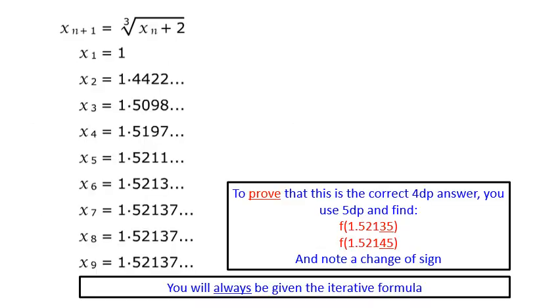This sort of question could be quite time-consuming if you have to type that formula into your calculator many times. However, you can speed up by programming your calculator to repeatedly perform that iterative formula. So grab your calculator and go through the following steps with me now. If the first number that you're going to input is 1, then just press 1 equals.